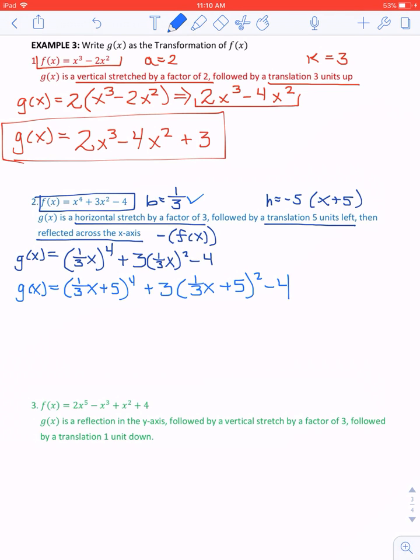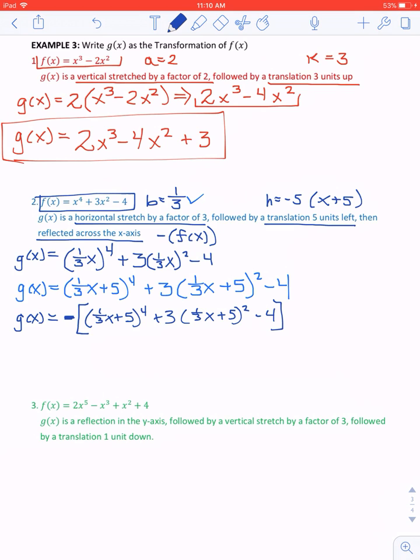All right, now, how do we reflect all of that across the x-axis? You need to take that entire function and make it negative. So it looks like this. You're going to take a -1 or a negative and multiply it times everything we have so far, your whole function.